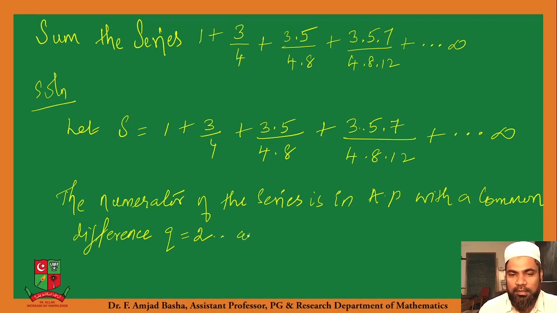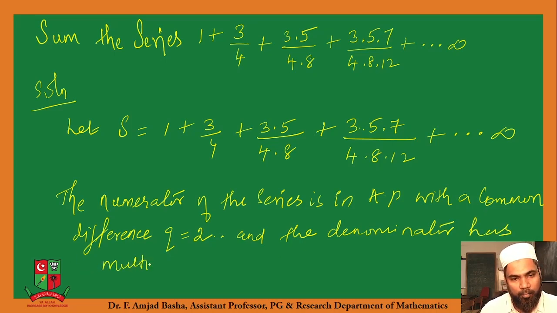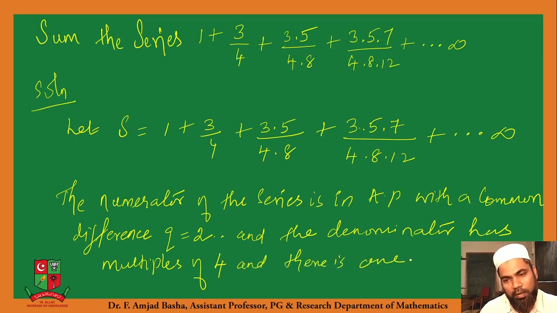And the denominator has multiples of 4, and there is one additional factor in each successive term.